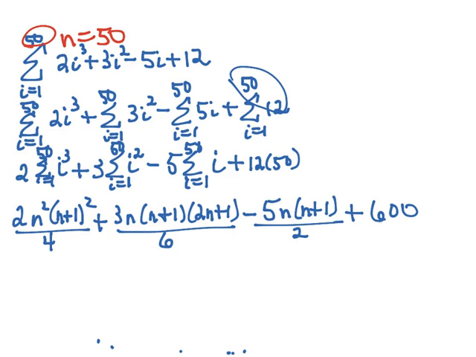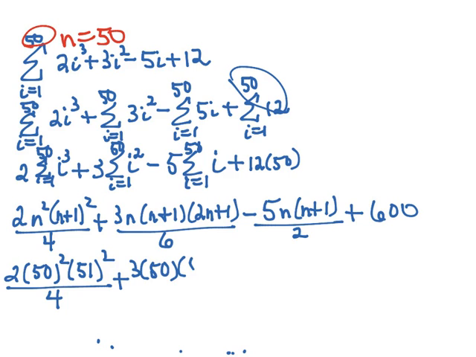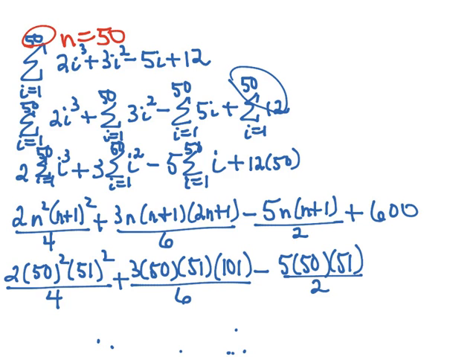So we're going to plug that in, and we'll have 2 times 50 squared times 51 squared divided by 4, plus 3 times 50 times 51 times 2 times 50 is 100 plus 1 is 101, divided by 6, minus 5 times 50 times 51 divided by 2, plus 600.